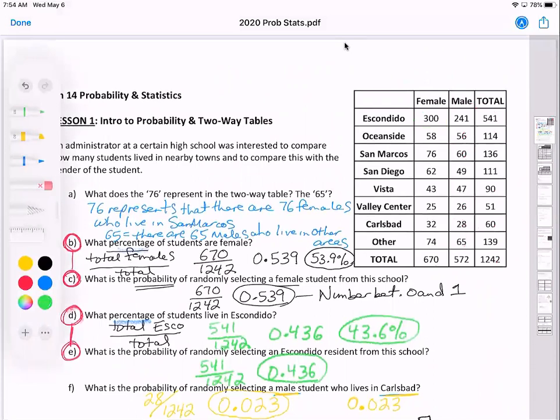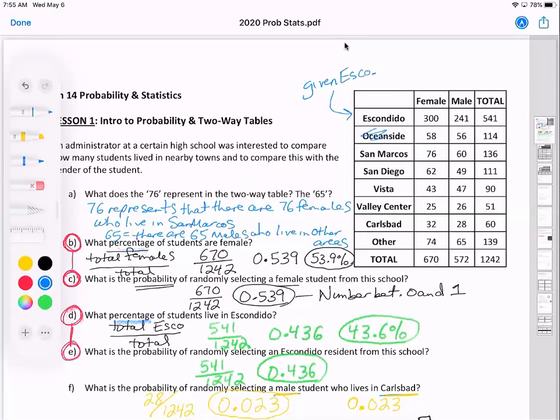So you want to make a conjecture of what the answer is going to be. You want to pause, need some time to think about that. So given they're from Escondido, that's our condition.